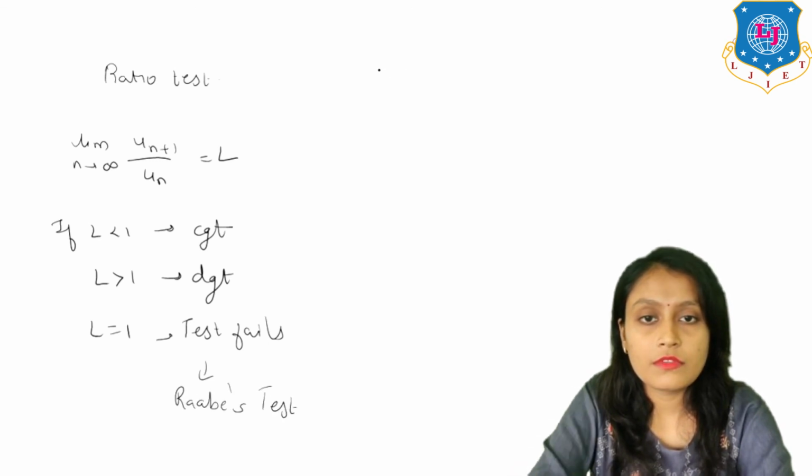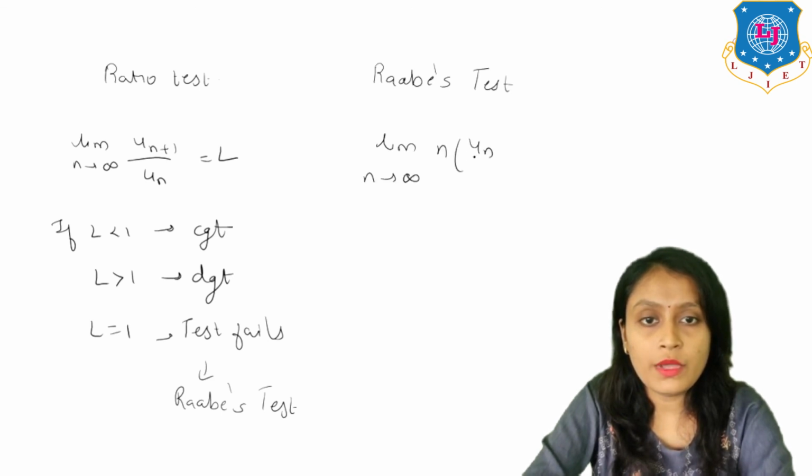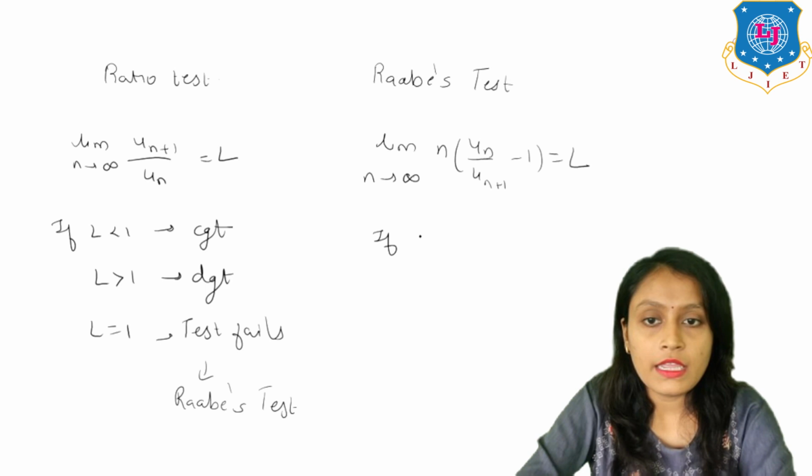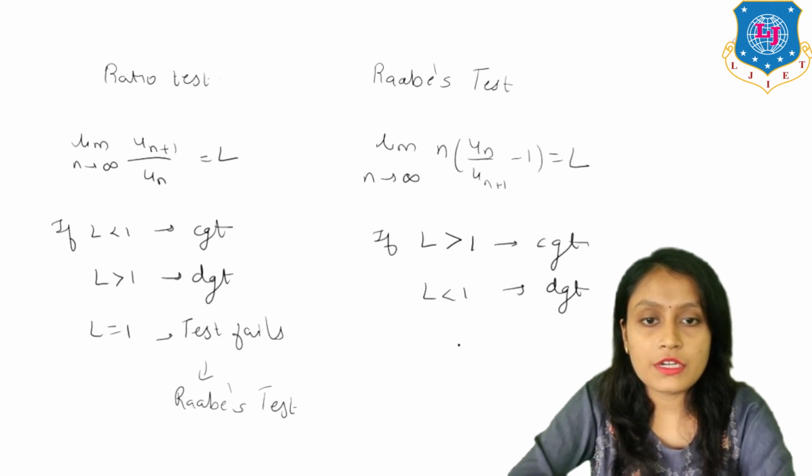For Raabe's test, we find the limit as n tends to infinity of n into (un upon un plus 1 minus 1), which is equal to L. If L is greater than 1, the series is convergent. If L is less than 1, the series is divergent, and for L equal to 1 the test fails.